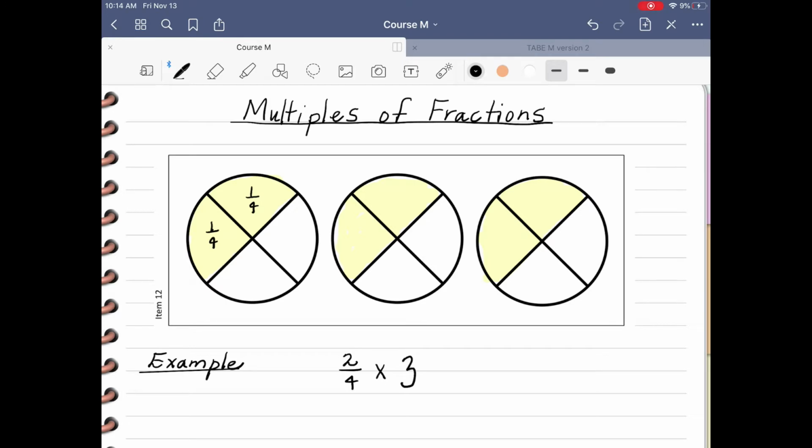Okay, so there is the mathematical representation of this picture. 2/4, and we're copying it 3 times. This is the number of copies, and this is what you have in one circle.